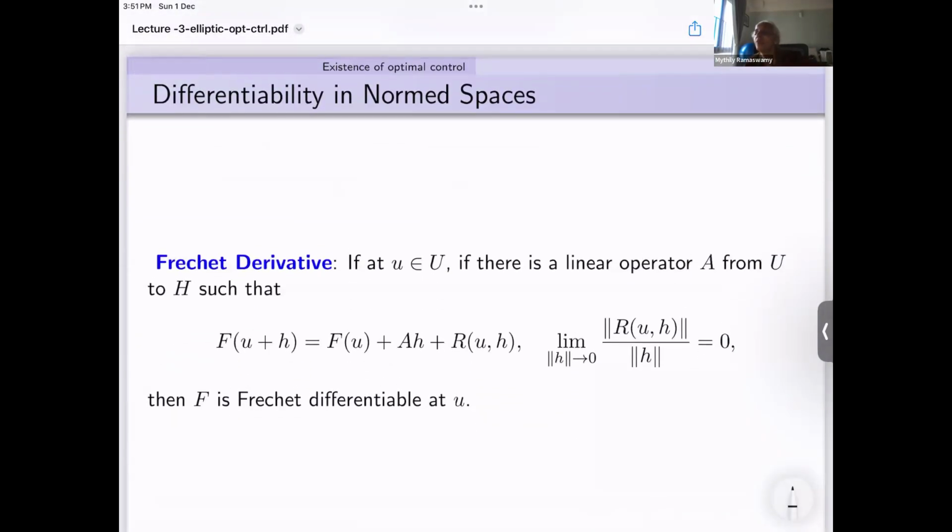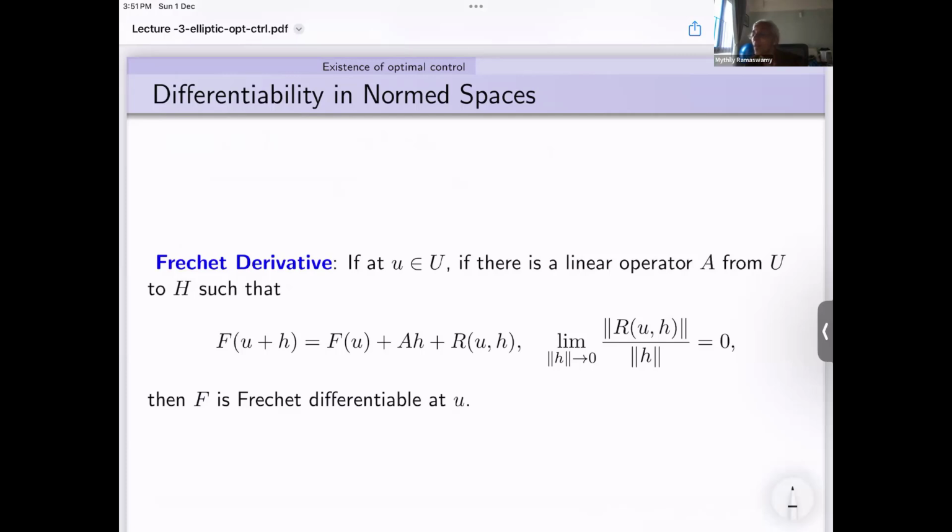So for that, I have to recall the differentiability in non-linear spaces. Maybe you are familiar with Frechet derivatives, or it is the same as the total derivative in R^n, whatever definition you used, I recall here.